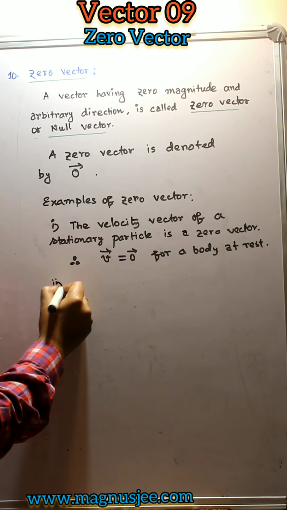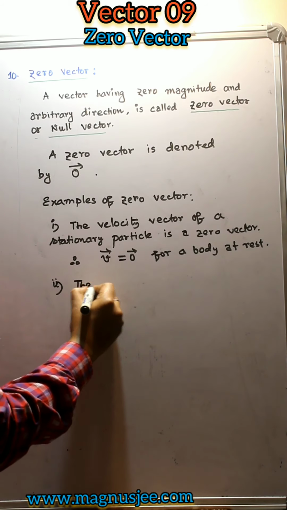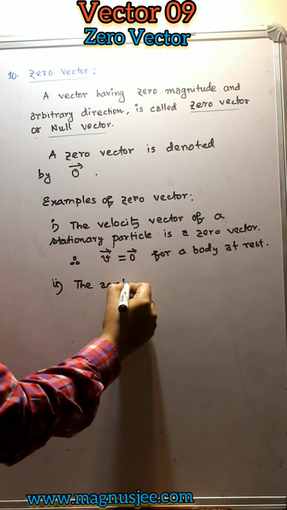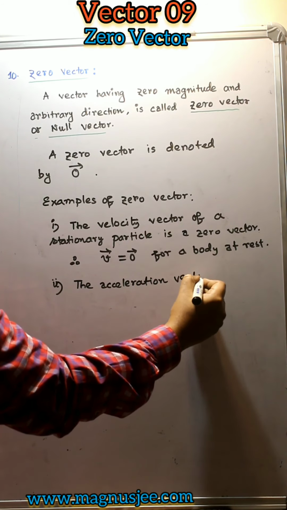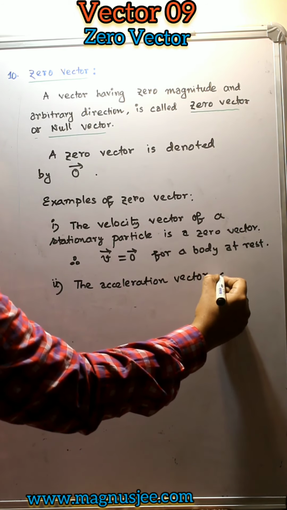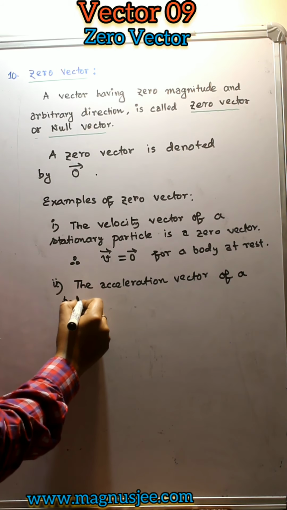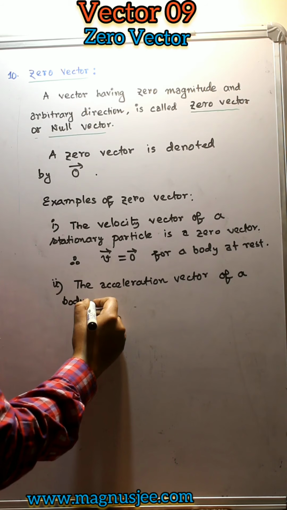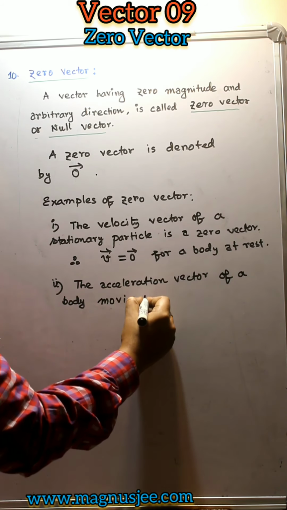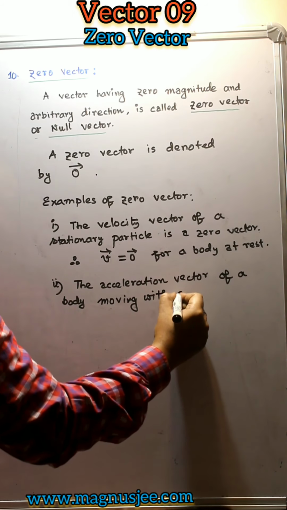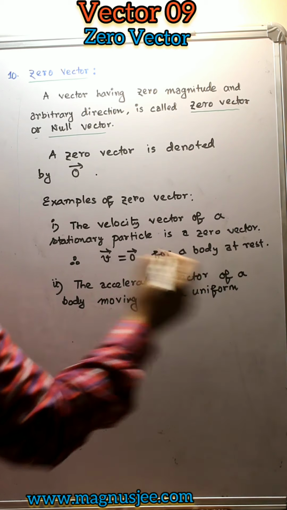Number two, the acceleration vector of a body or of an object moving with uniform velocity is a null vector.